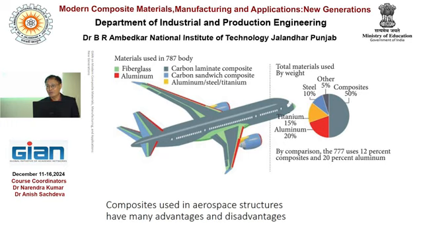Because before that time, the airplane manufacturers never used composite as a primary structure material, because its manufacturing is so costly and its maintenance is very difficult.